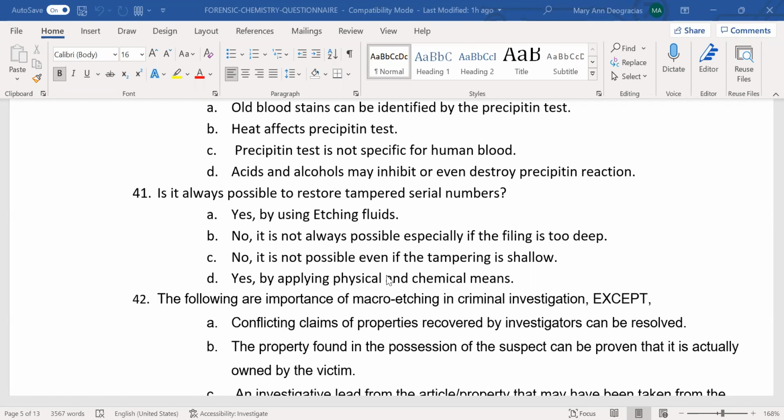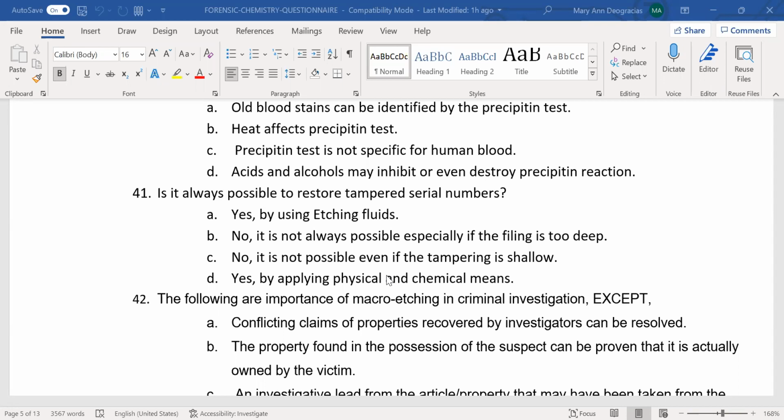Okay, hindi na guys, no? What is to be used there is ibang test ang ginagamit diyan. Stereomicroscopic examination. So it's already an instrumental method which is used to identify those tampered serial numbers. So we cannot use this etching fluid.